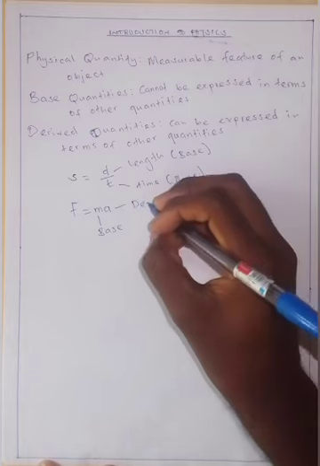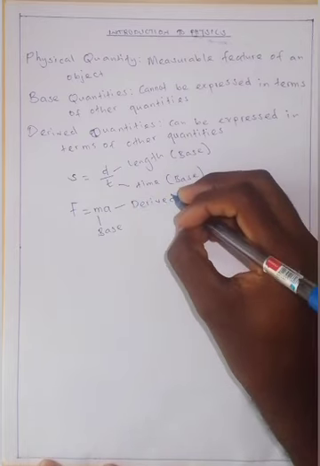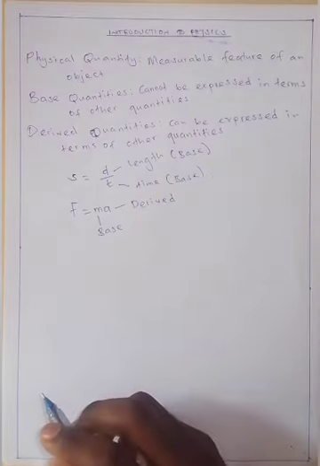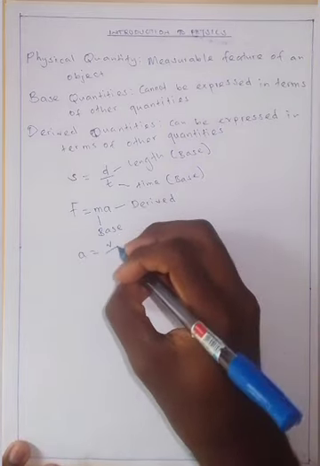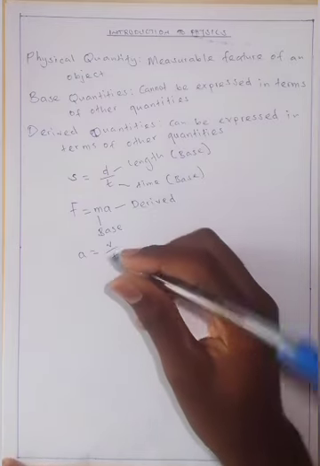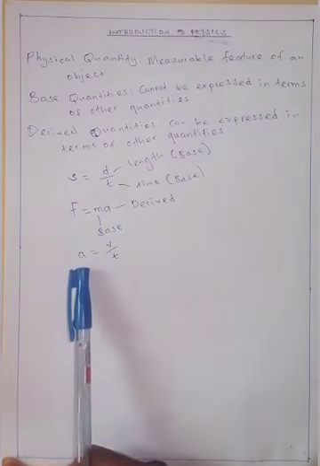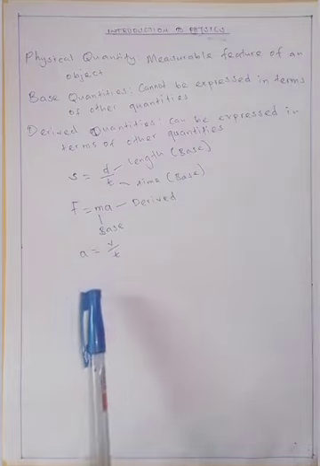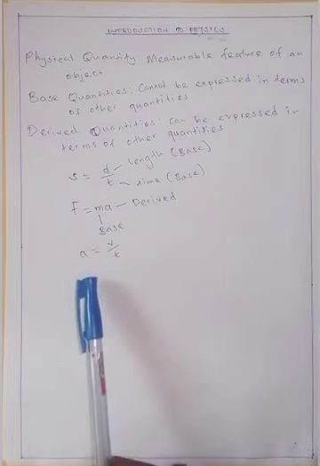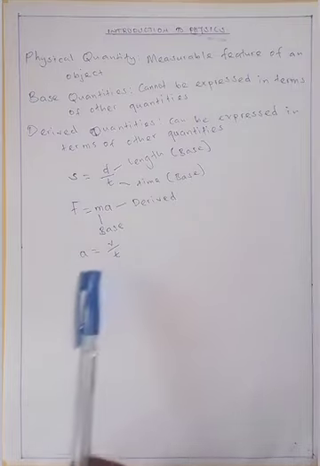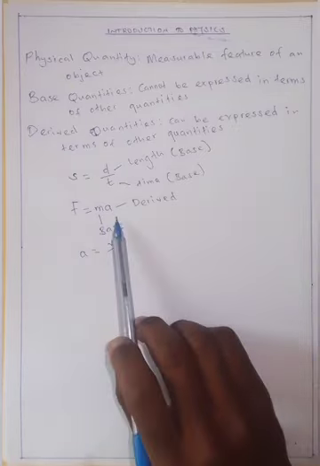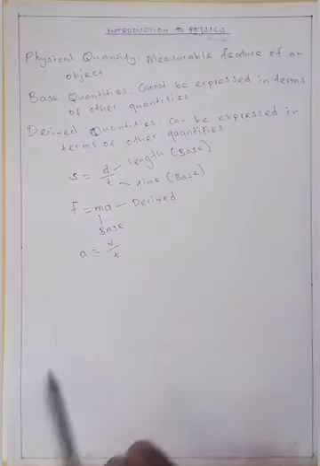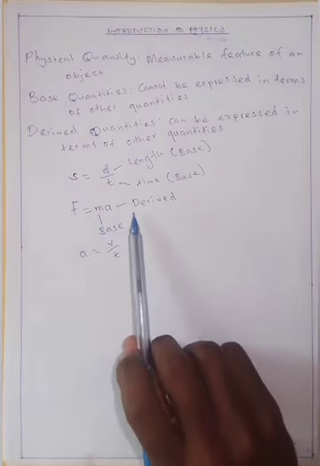Now, why do we say acceleration is a derived quantity? We know that acceleration is equal to velocity divided by time, so acceleration is also coming from something. So we can see that force is made up of mass times acceleration. Mass is a base quantity, acceleration is a derived quantity.